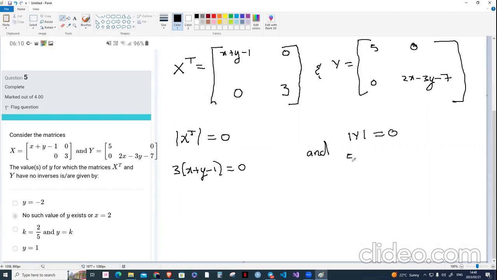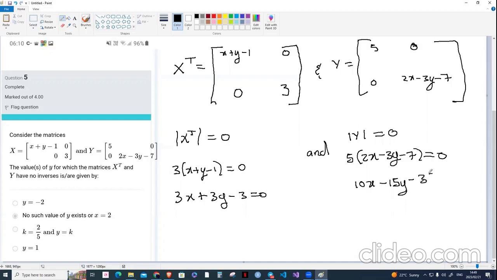So this is 5 times 2x minus 3y minus 7 is equal to 0. This is 3x plus 3y minus 3 is equal to 0. This side is 10x minus 15y minus 35 is equal to 0. I can just divide everything by 3 here, equal to 0.